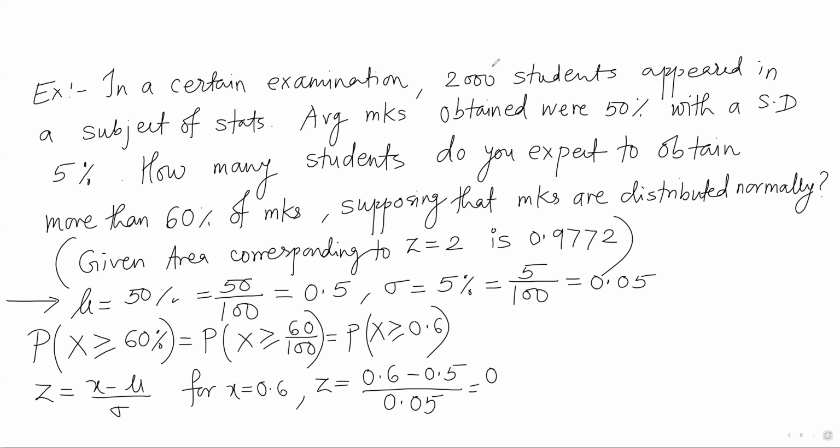So we get 0.1 by 0.05, which is 2. 5 2s are 10. So z is 2. That means when you transfer the probability to z, it becomes z greater than or equal to 2, or the same thing as z strictly greater than 2. It's one and the same thing.